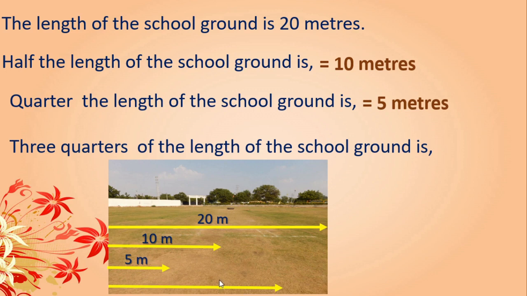Whichever will be easy for you, that you can follow. Here the 3 quarter is nothing but 15 meter. Isn't it? 5 3s are 15, or 20 minus 5 is also 15. So the answer is 15 meters. Got this?